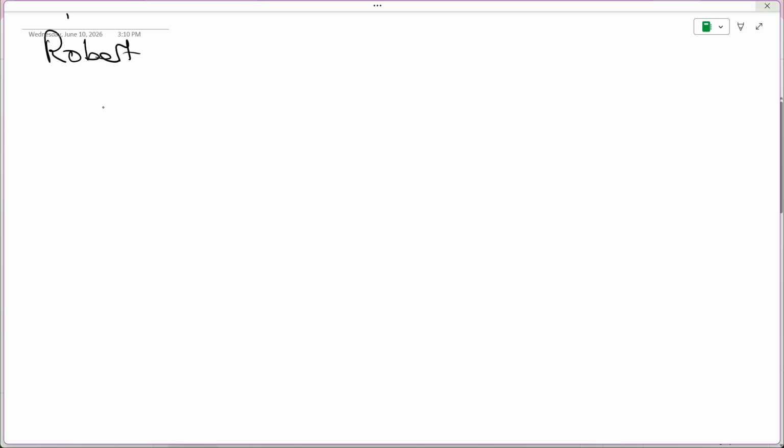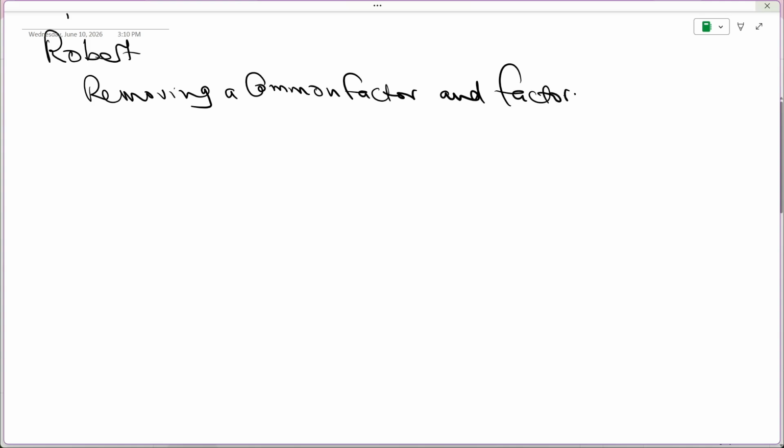In today's lesson, we will learn removing a common factor and factoring the difference of two squares.